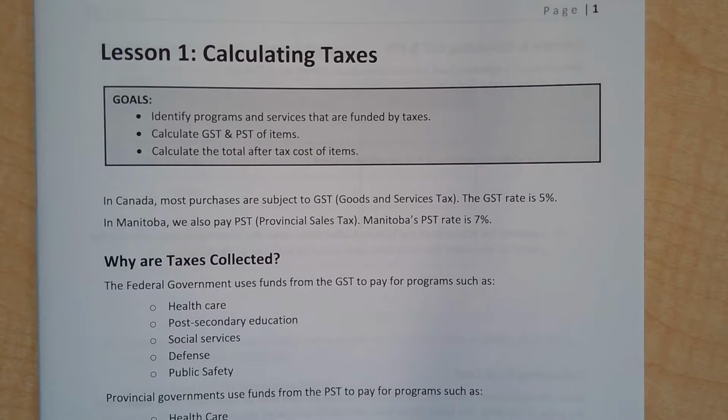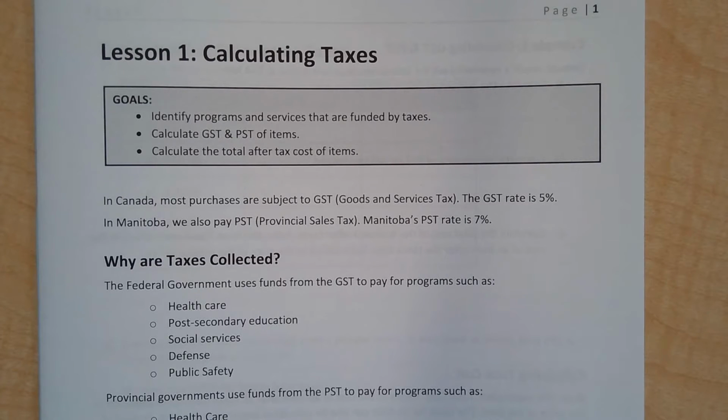Ontario has about 7 or 8% as well, so it depends on the province. Okay, now we know that we have to pay PST and we have to pay GST in Manitoba. All of our questions, by the way, are going to be on Manitoba. Okay, so it's just Manitoba.